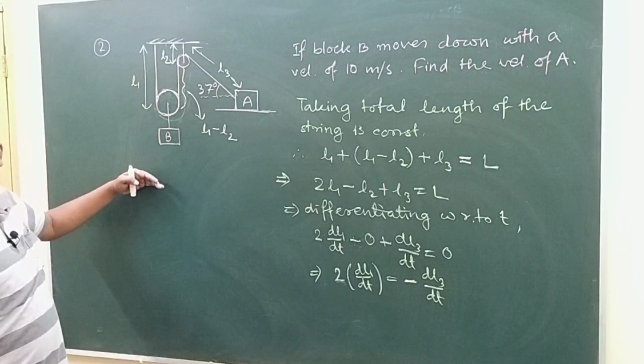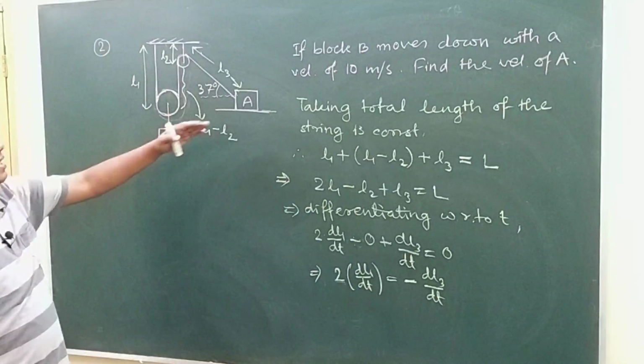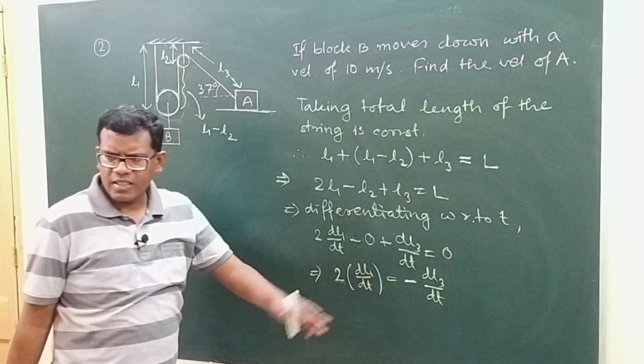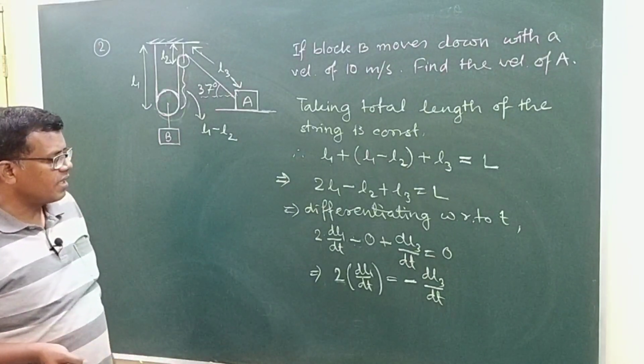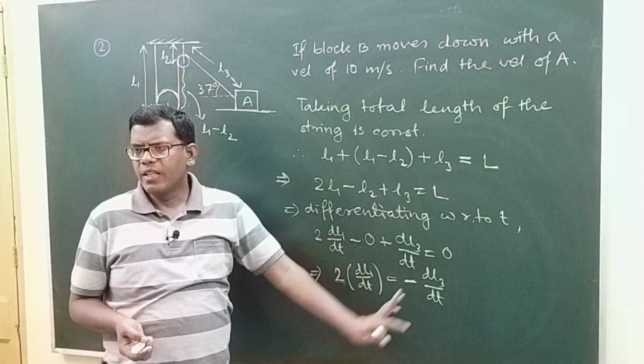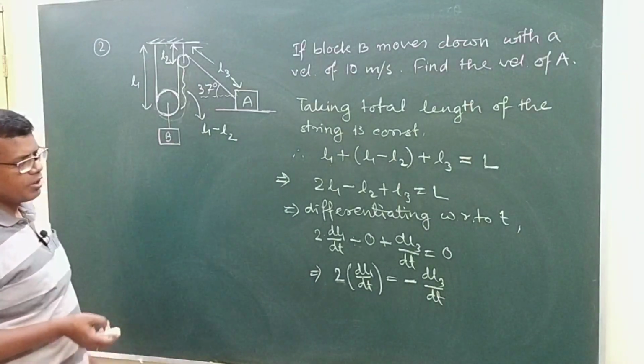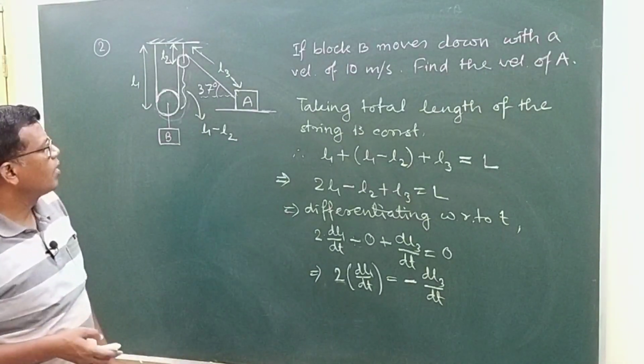As it is said that B is moving downward, L1 is increasing, then L3 is decreasing. That is the opposite in nature of their changes. One is increasing, another one is decreasing. That's why they appear with opposite signs.